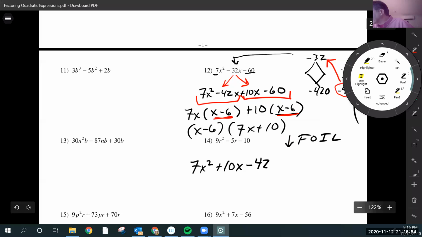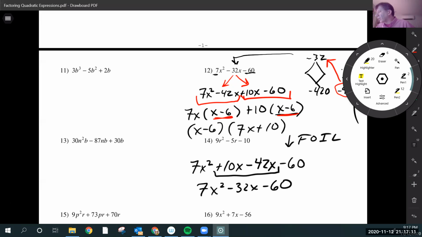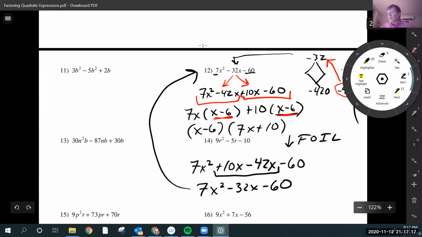So that gives me a minus 42x. And then a minus 6 times 10 is a minus 60. And again, I simplify my inside terms, and I get back to my original equation. So I know that I factored correctly because when I FOIL, it multiplies back to my original equation. Pretty cool. So that's factoring and foiling at the basic level using the diamond.